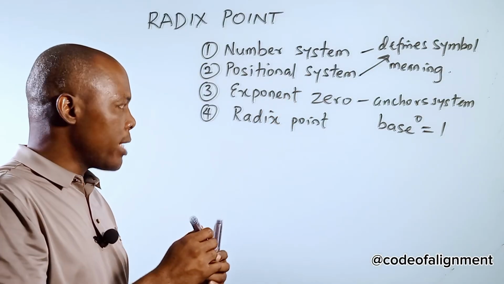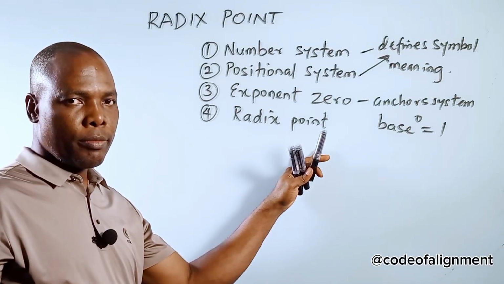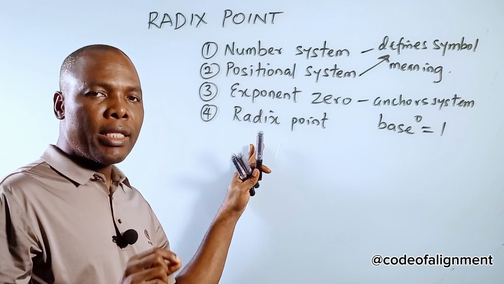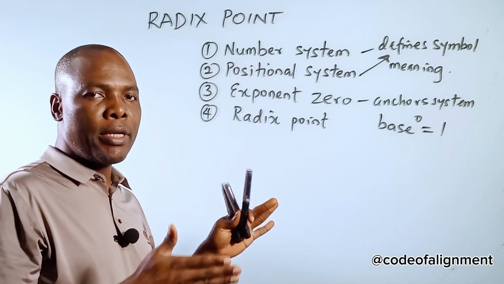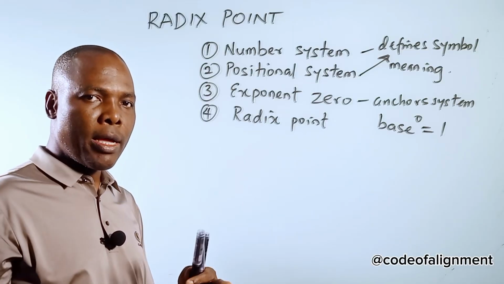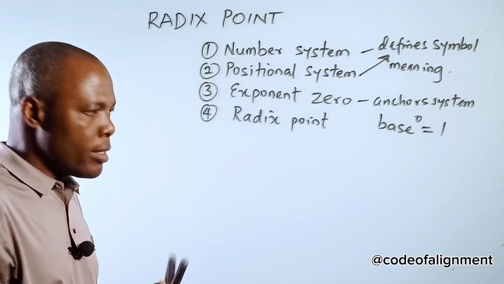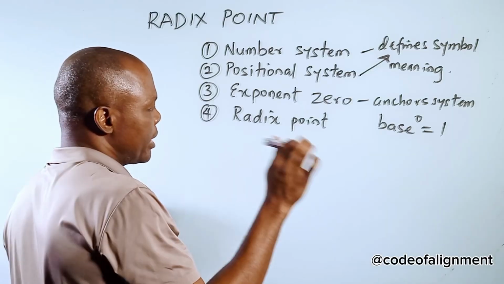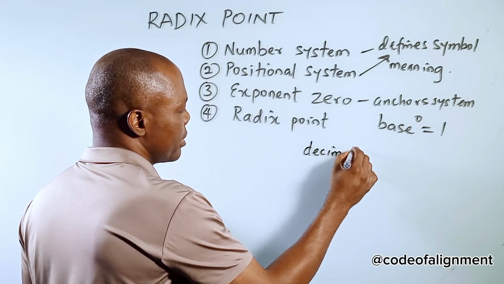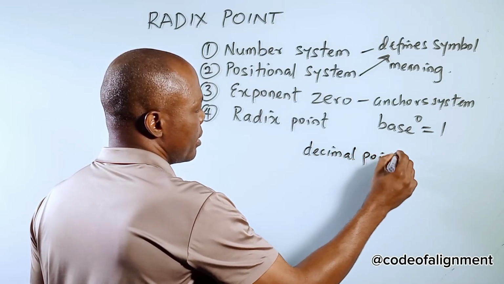So today we want to look at radix point. So what is a radix point? Radix point is a symbol that is used to separate the whole power from the fractional power. In decimal, we call it decimal point.